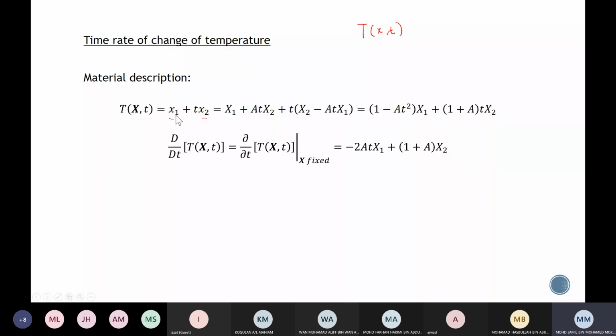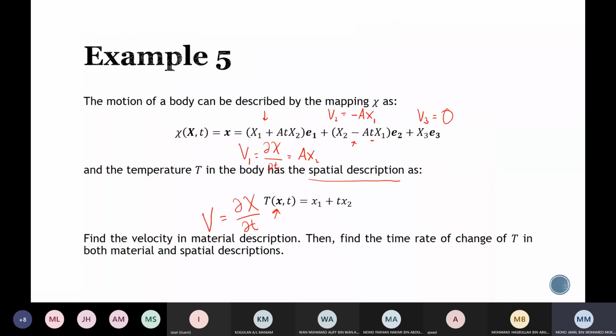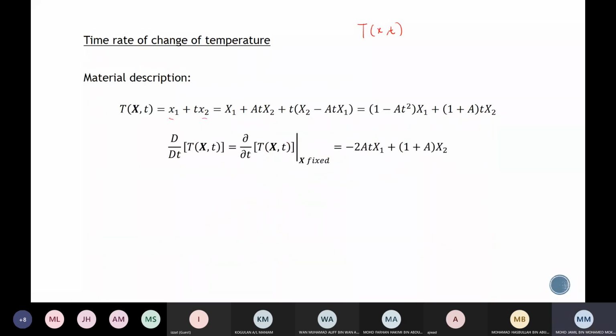Now we have small x1 and small x2. We don't want it in terms of x1 and x2, we want it in terms of big X1 and big X2. So you just substitute x1 and x2 using this one. Okay, so this is x1 and this is x2. Just substitute this into this x1 and x2. When you substitute, you get this temperature in material description.